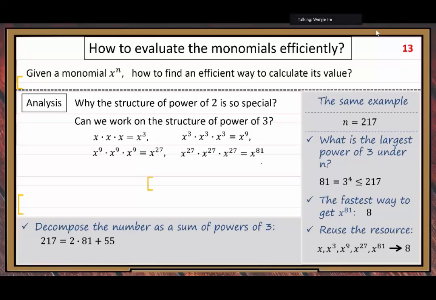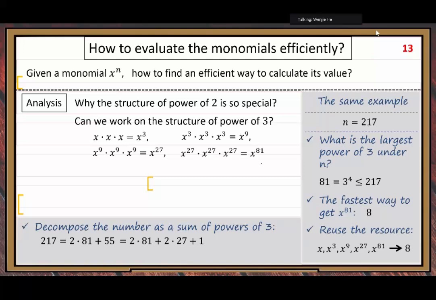So 2 times 81 plus 55. For 55, you need to do the power of 3 decomposition. You can take out 2 times 27 with 1 left. That is your decomposition.